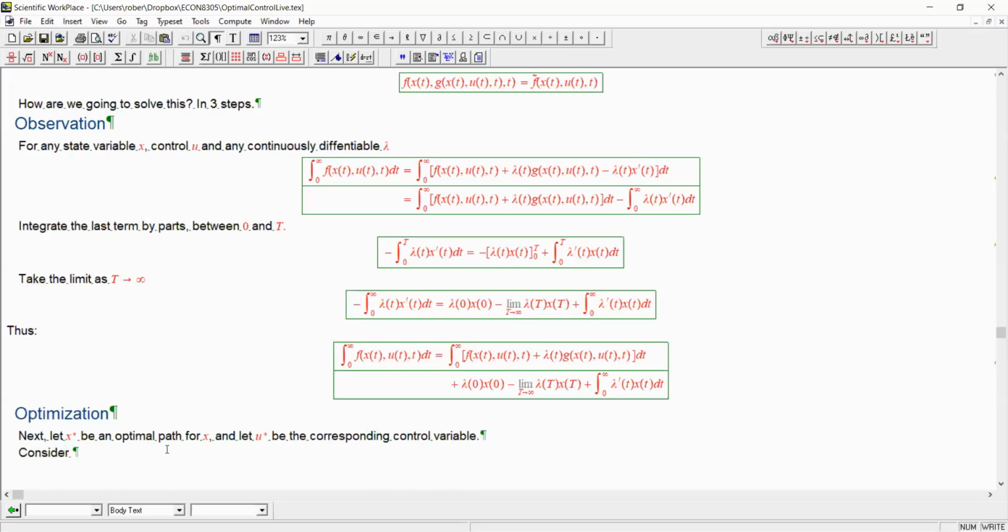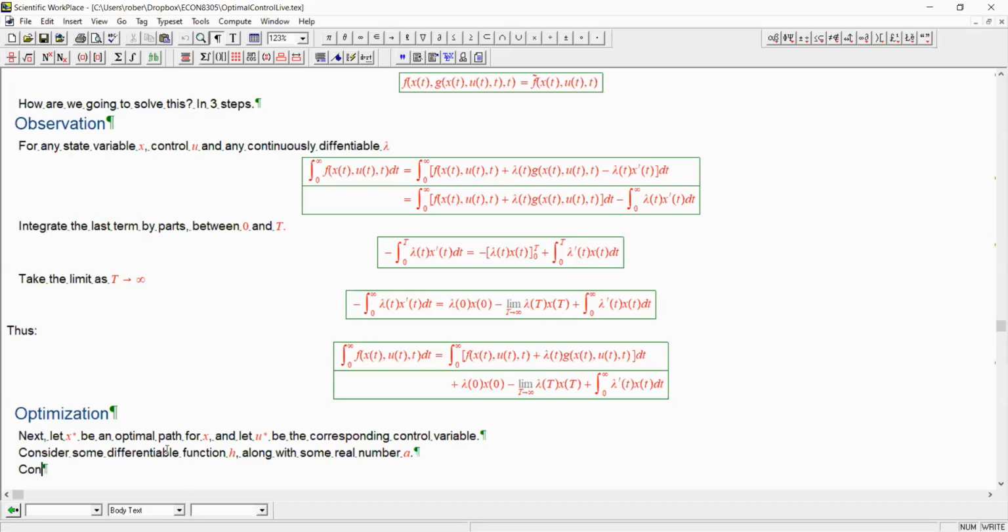Consider once more some arbitrary continuously differentiable function h, along with some real number a. What we're going to do is to use h, which is arbitrary, and a, which is also arbitrary, to try and construct alternatives to x star and u star.